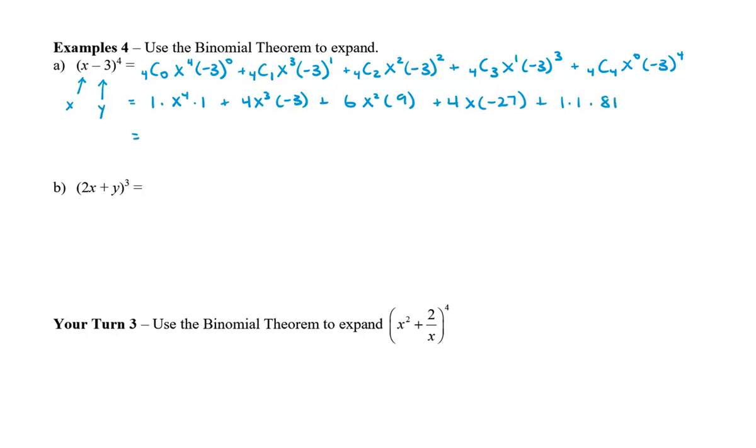Last step, I'm just going to simplify everything. I have x to the power of 4, and this is actually going to be 4 times negative 3, so it's negative 12x cubed, plus 54x squared, minus 108x, and then plus 81.